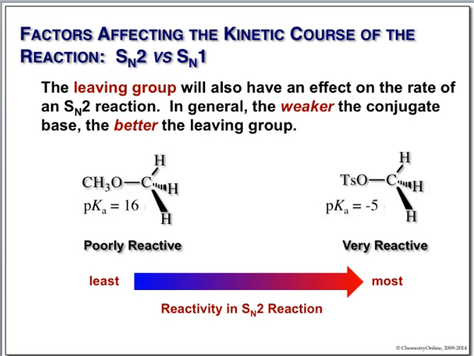Another example, if we have methoxide as a leaving group, lousy, tosylate as a leaving group, very, very good. Quite often, if you read the book and stuff like that, whenever you're doing substitution reactions, first step is going to be to convert whatever it is here into a tosylate. Very, very good leaving group.